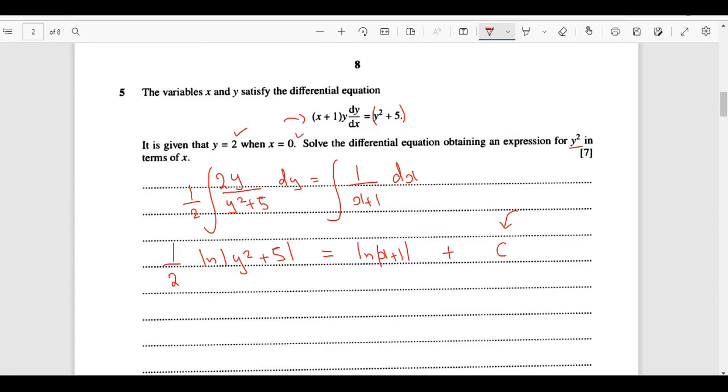Y is given, X is given. It would be a decimal number. 1 by 2 ln y squared, which is 2 squared plus 5, would become 9, minus ln 1 equals C. And ln 1 is the value of 0. C would be?